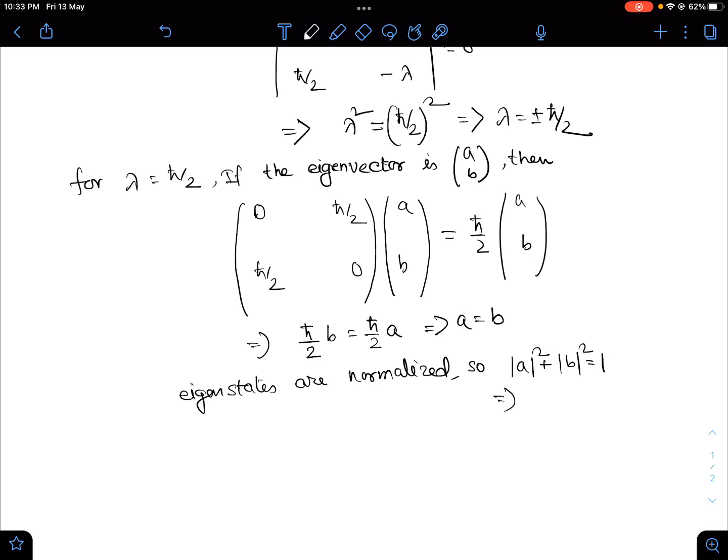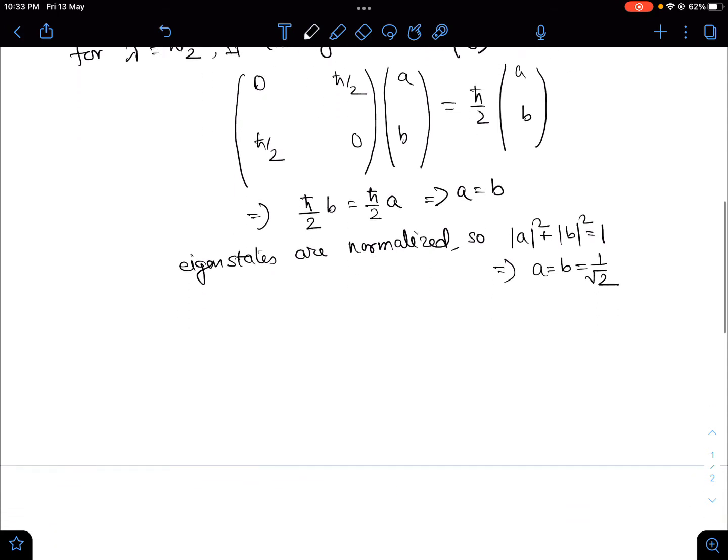So if both are the same, we can take a and b to be 1 by root 2. So that is the eigenstate. So we are getting the eigenstate 1 by root 2 times (1, 1) for eigenvalue h cut by 2.